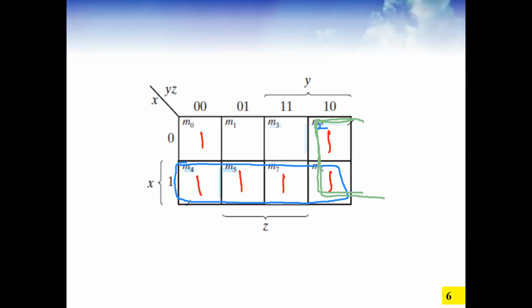This one. Clear now? Because this is the main group, so I can reuse the M4, M6 minterms. This is the way.